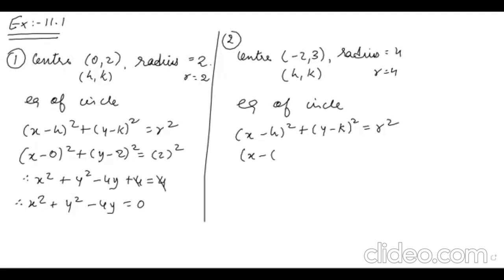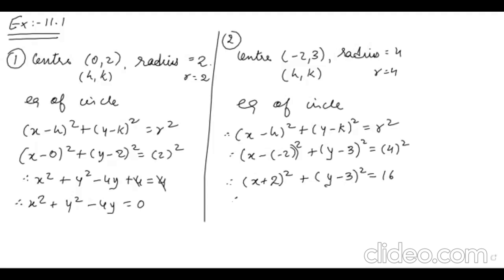So x minus h is minus 2 whole square plus y minus k whole square is equal to r square. Therefore x plus 2 whole square plus y minus 3 whole square is equal to 4 square, 16.